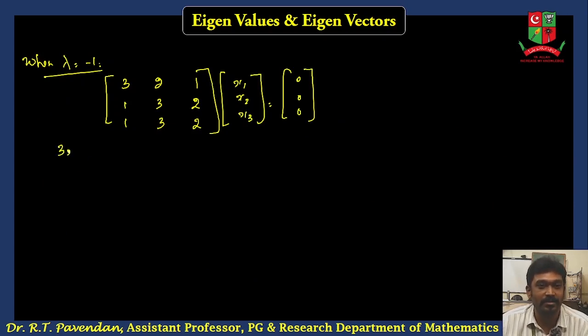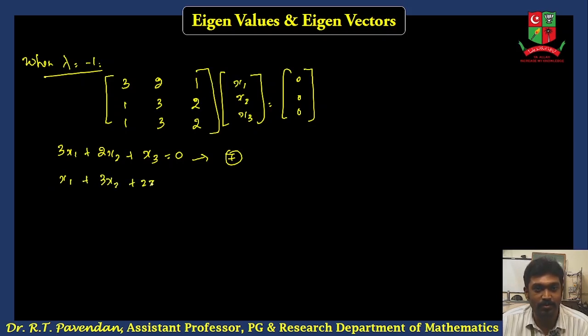They are 3x1 plus 2x2 plus x3 is equal to 0, equation number 7. x1 plus 3x2 plus 2x3 is equal to 0, equation 8. x1 plus 3x2 plus 2x3 is equal to 0, equation number 9.